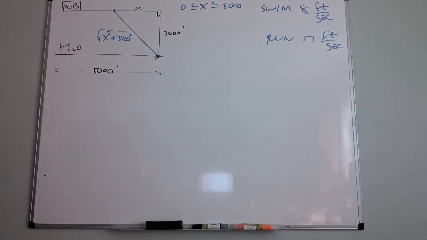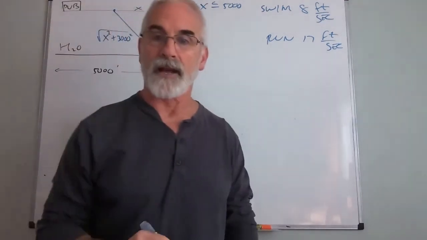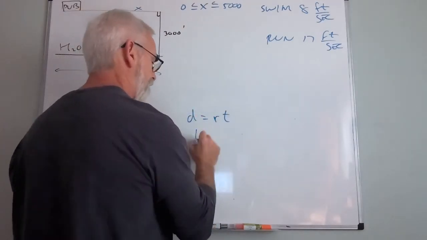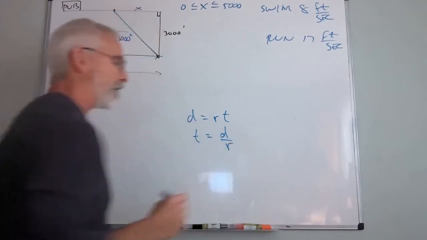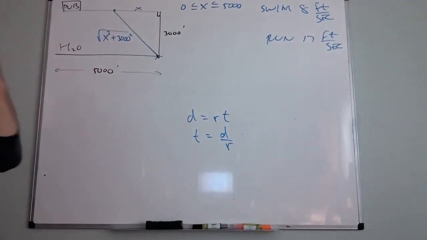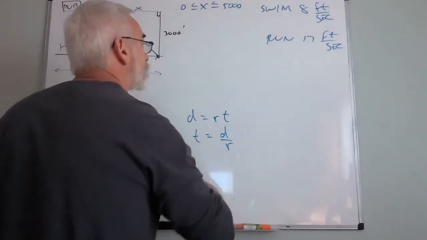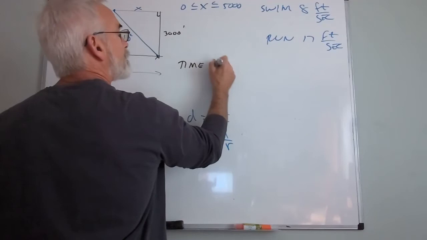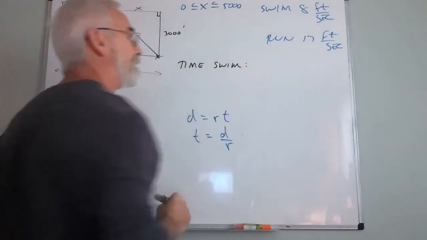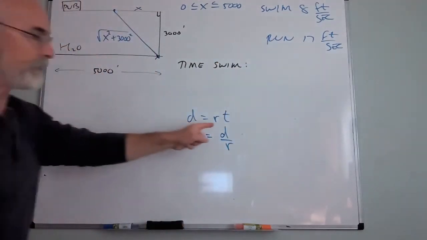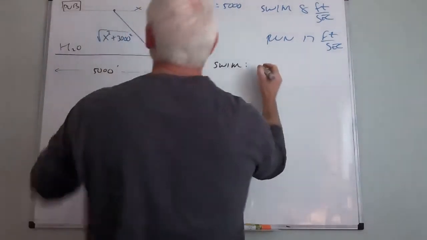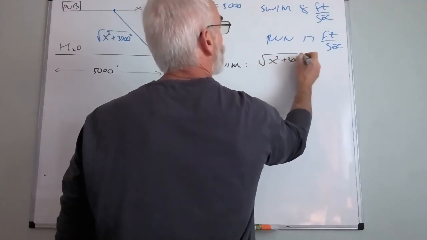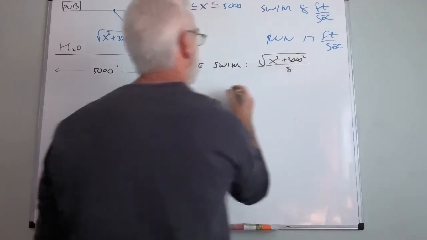Now we know that distance equals rate times time, so time equals distance over rate. I want the time it takes. The time to swim would be how far I swim over the rate that I swim, so the square root of X squared plus 3,000 squared, I'm just going to leave it like that, over 8.